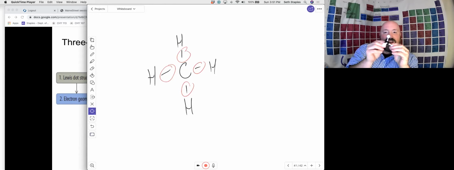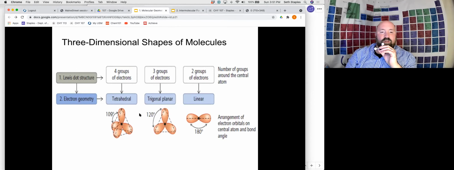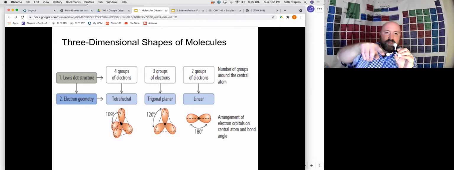And so it's stretching out into those 3 dimensions that actually allows us to get the maximum space between all electron groups and adopt what we call a tetrahedral formation, which gets us to bond angles of 109 degrees, plus or minus, but basically 109 degrees in between all of the atoms. So this is a 109-degree bond right here.